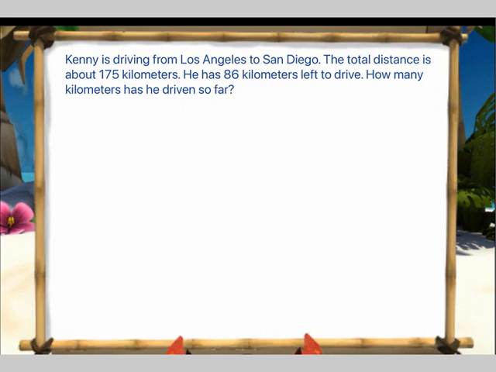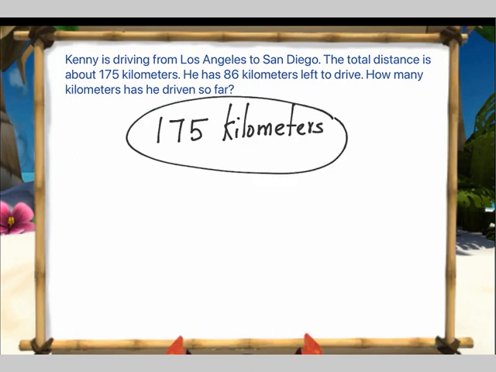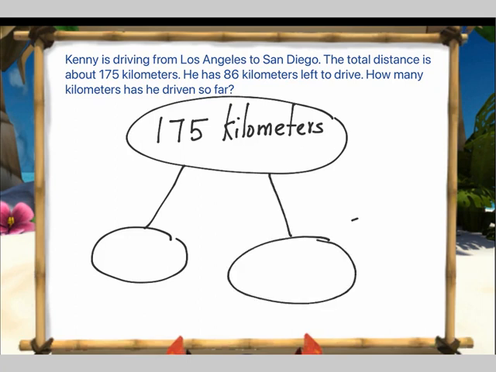So, what we know here is, we know the total as 175 kilometers and he has reached some distance, and what is left is he has to drive 86 kilometers to reach San Diego. So what we have to find here is how many kilometers he has driven so far.